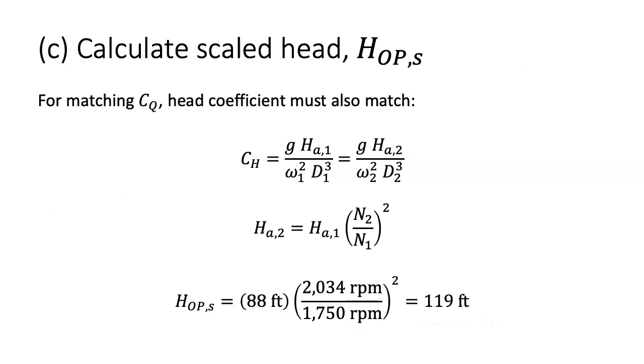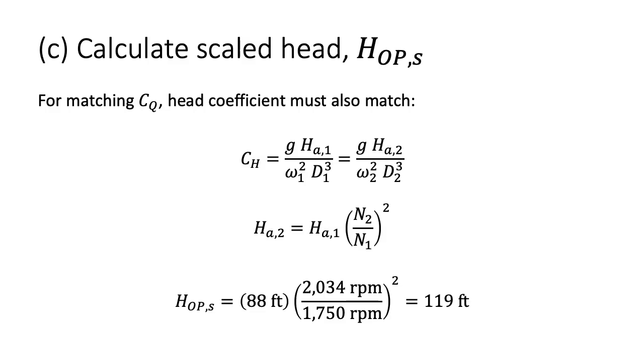For Part C, we are solving for the remaining pump operating conditions for the scaled speed calculated above. Again, from dimensional analysis of pump performance, we know that if the independent flow coefficient matches for two different operating conditions, then the remaining dependent dimensionless parameters must also match.